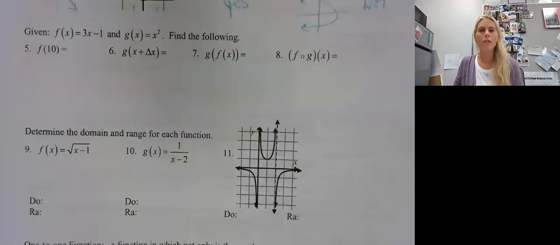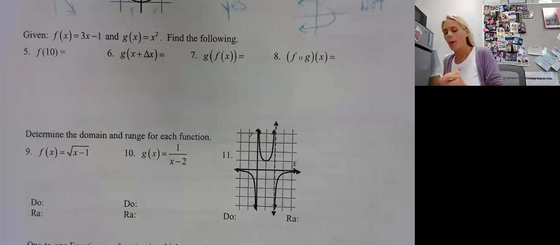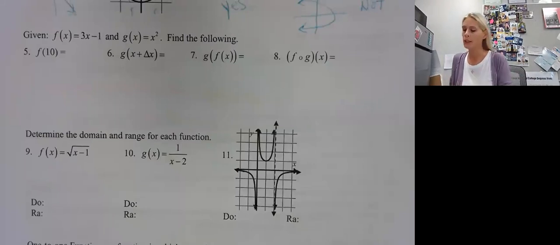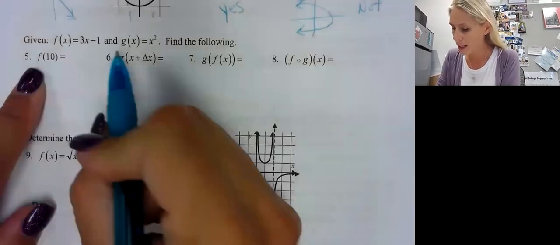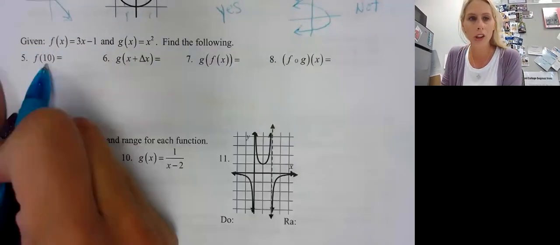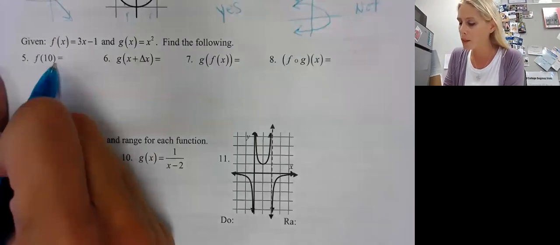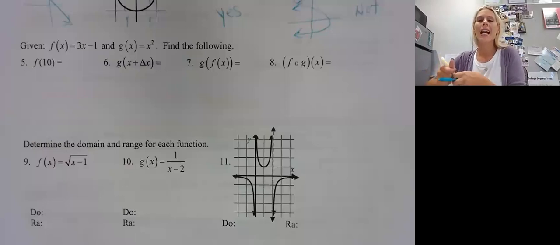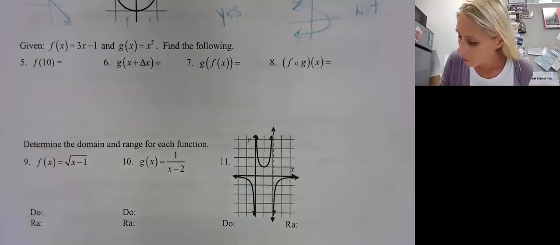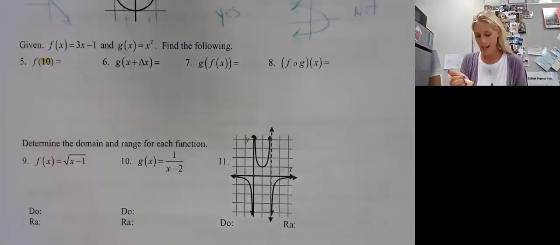All right, number 5, we've seen this a lot, but for 5 through 7, we're evaluating. Evaluating is to substitute stuff in. So right here, if we have our f of x and our g of x, so I know I'm looking at the function of f. So instead of x in that function, I'm going to put 10.